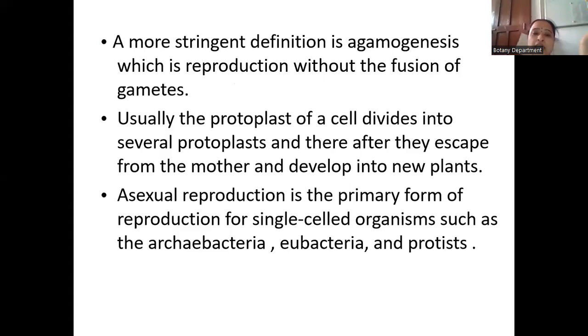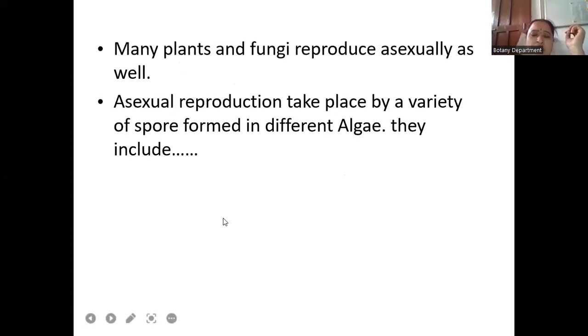After this, they escape from the mother and develop into a new plant. That's why it is without fusion of gametes. Asexual reproduction may be the primary form of reproduction in single-celled organisms like archaebacteria, eubacteria, and protists. Many plants and fungi also reproduce by asexual means.